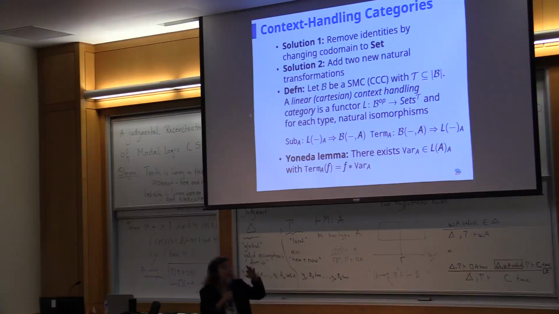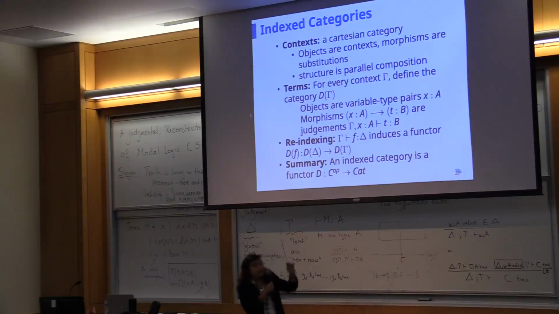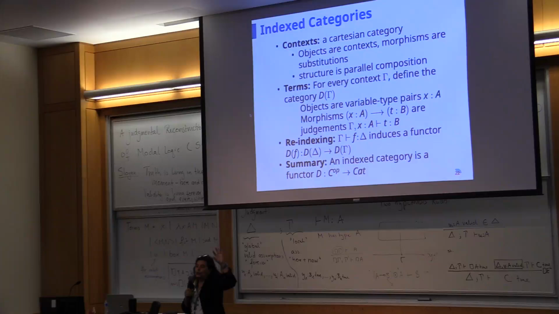And instead of having, as we had before, a D from C-op to Cat, and Cat has to have identities, right? It's the only thing that we have been banging on about. It has to have identities and composition of morphisms and associativity of the composition. So we change this Cat into Set to the T, so maps from the set of types T into Set.